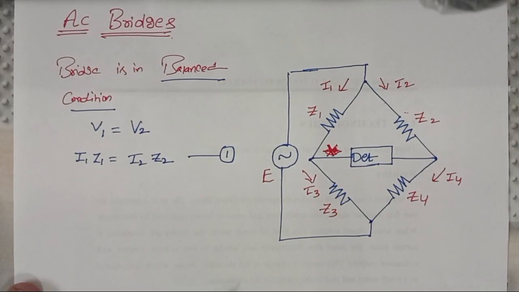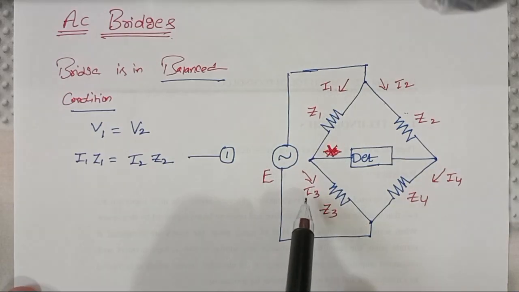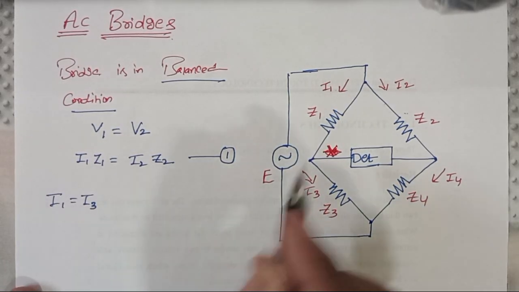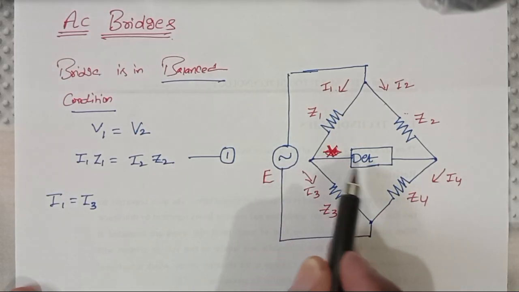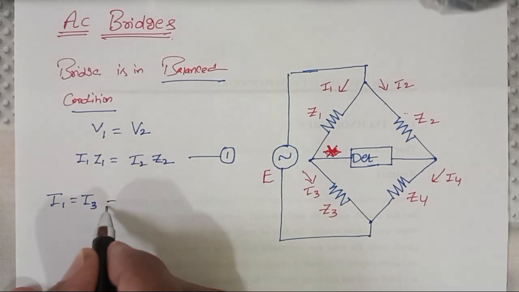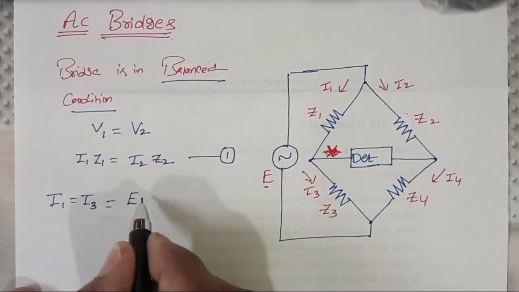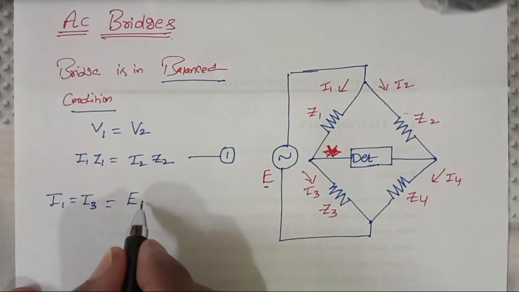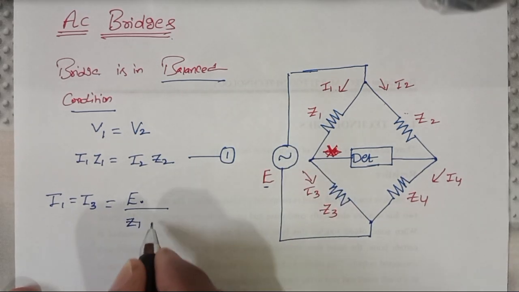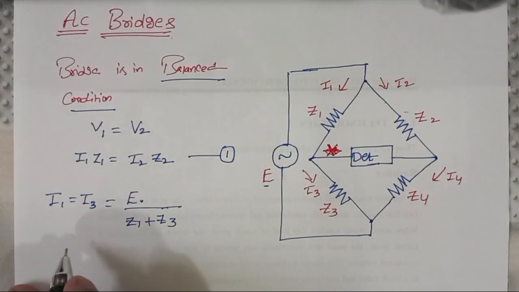In the bridge balancing condition, I1 equals I3, because no current flows through the detector. So I1 is equal to I3, which is equal to the applied voltage E divided by the total impedance, Z1 plus Z3.